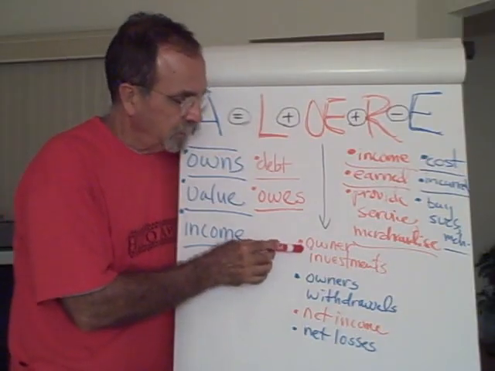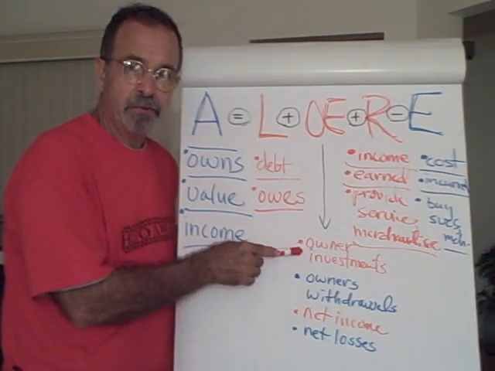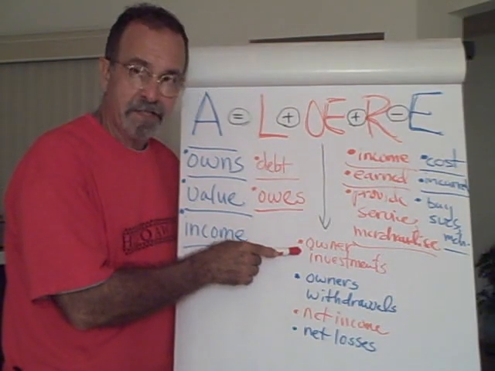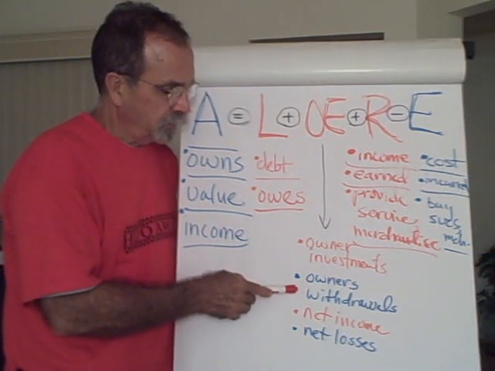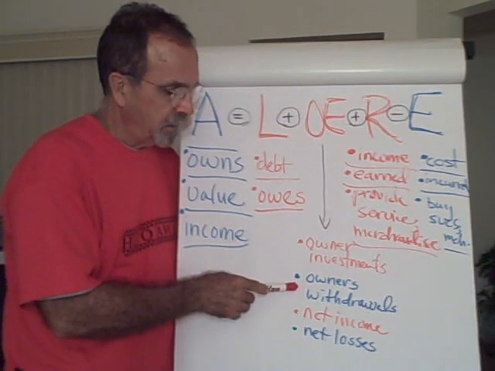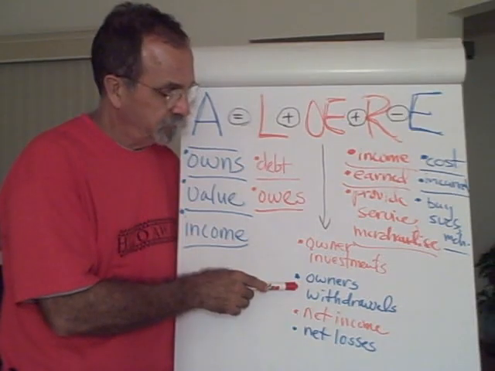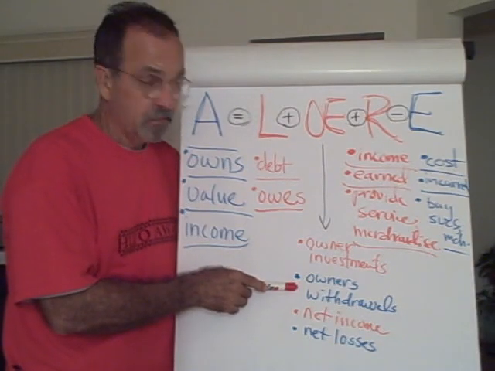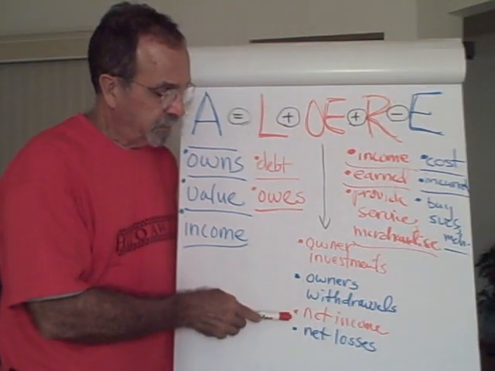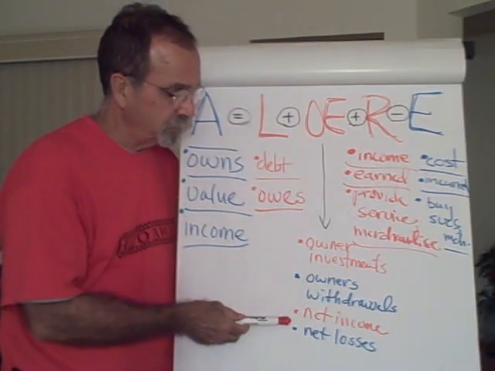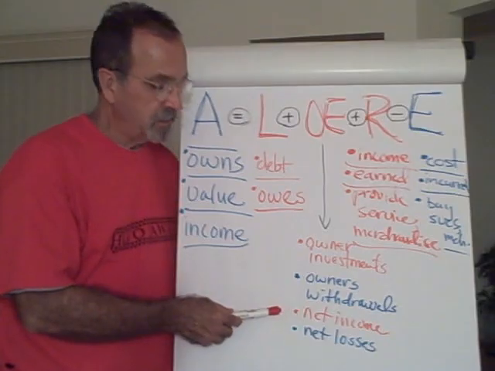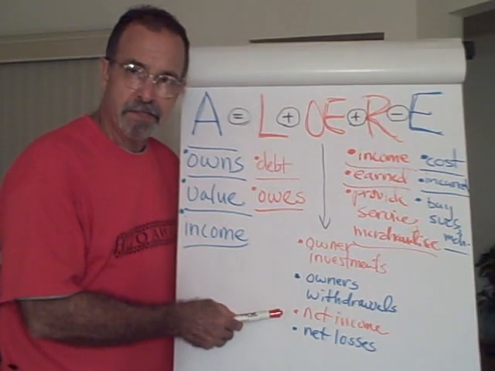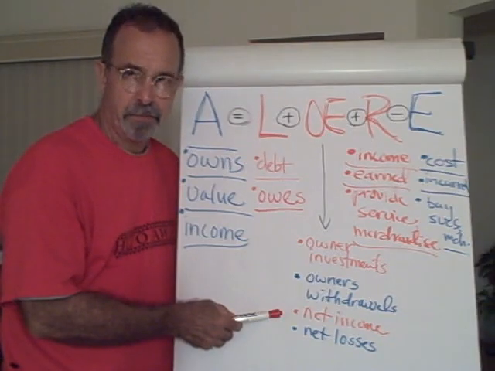It shows the amounts that the owners have put into the business, and we call those amounts owner investments. It shows the amounts that the owners have taken out of the business, and we call those amounts owner withdrawals or owner drawings. And finally, owner's equity shows an accumulation of net income and net losses of the business over a period of time.